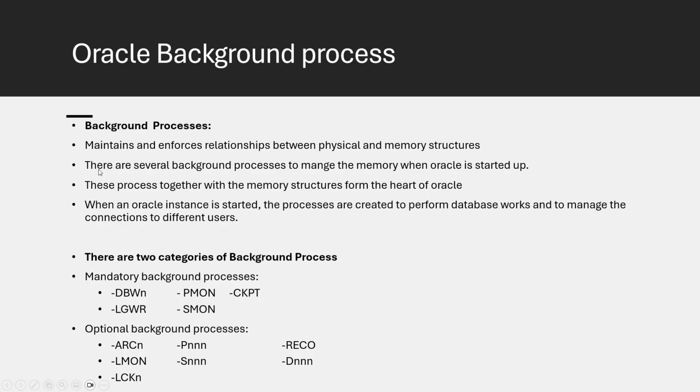There are several background processes to manage the memory when Oracle is started up. These processes together with the memory structures form the heart of Oracle. When an Oracle instance is started, the processes are created to perform database work and to manage the connections of different users.